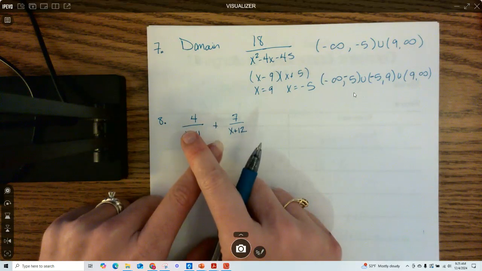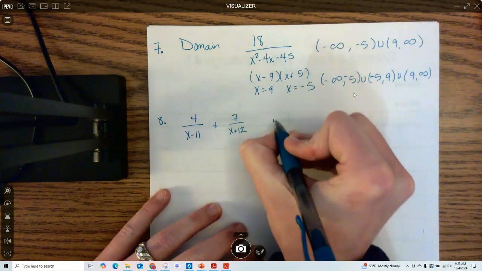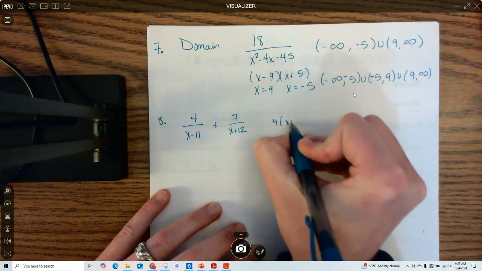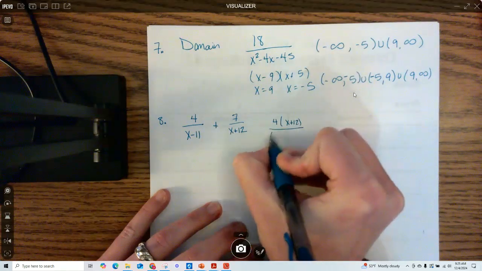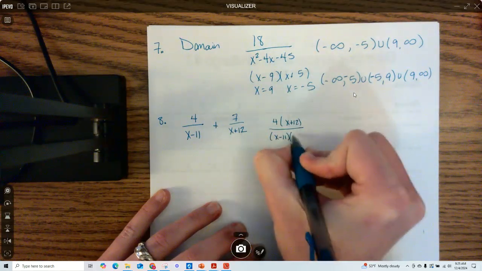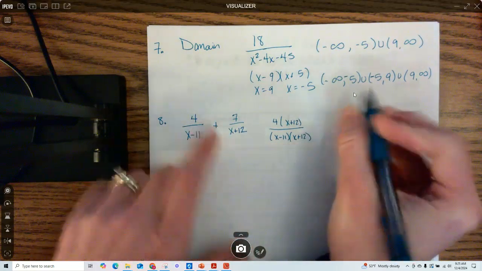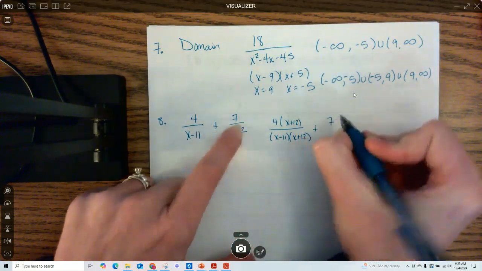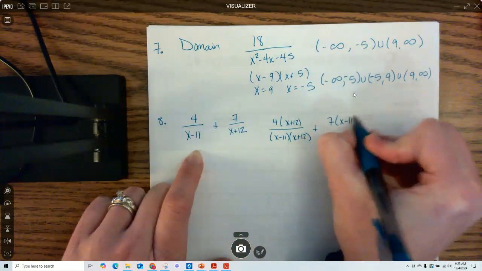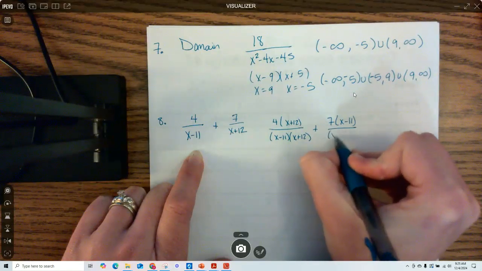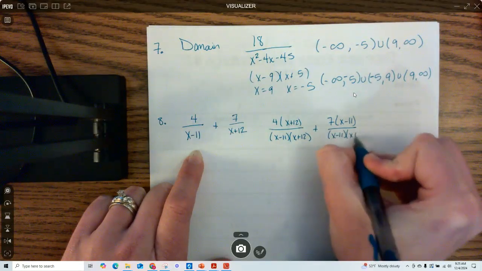So we're just going to cross multiply here. So I'm going to do 4 times x plus 12, and then this bottom is going to be x minus 11, x plus 12. And then this one, I'm going to do 7 times x minus 11. And this would be x minus 11, x plus 12.